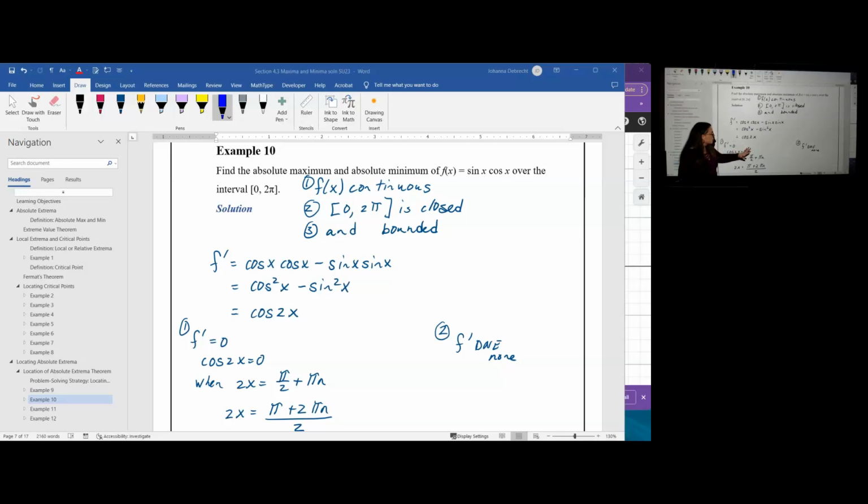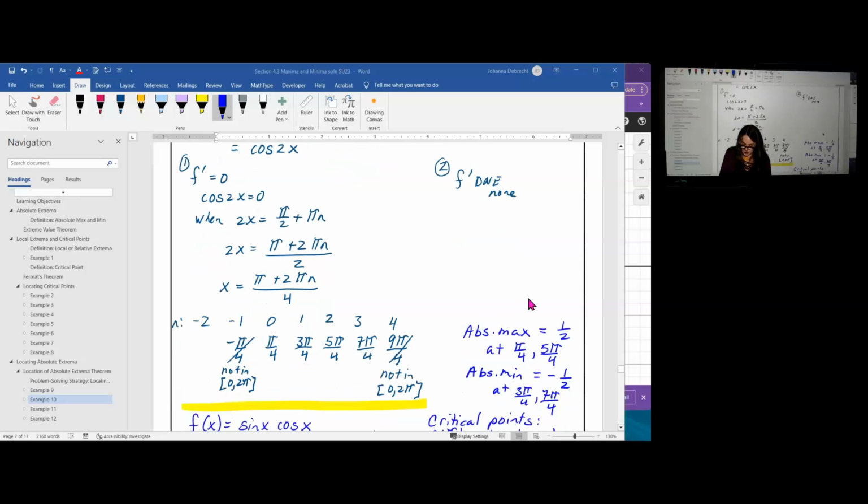To find the critical points, I set the derivative equal to 0. Note that the derivative is always defined, so there are no critical points coming from that possibility. The next thing I do is the trig process of looking for solutions to the equation. Cosine of 2x equals 0 when 2x is some odd multiple of pi over 2.